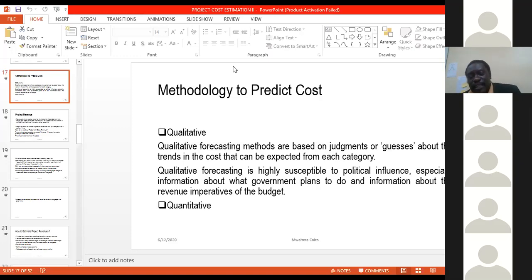For example, the standard gauge. The standard gauge is a project that will stay here for a long time. It may be about 40 years, because remember, the railway that we have been using from Kigoma to Dar es Salaam was constructed in 1909, something like that, or maybe 1922.